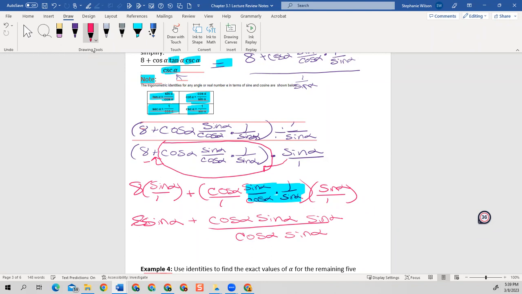Okay. So now that I rewrote it like that, what happens here? Let's reduce if possible. I have sine over sine, that's 1. Cosine over cosine, that's 1. Now I'm left with 8 sine alpha plus sine, because it's all 1 times that sine, right? Now I can finish up.